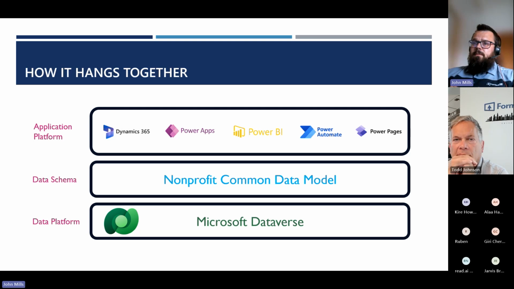Power Automate is Microsoft's low-code automation tool, so that will really help build and tailor the processes you use within the Accelerator to you, and you can start to automate some of those things that you might previously have done manually.